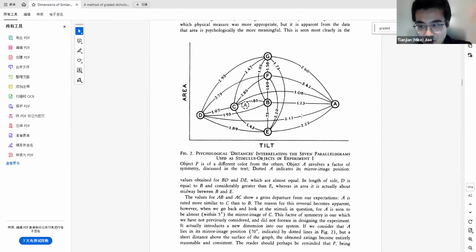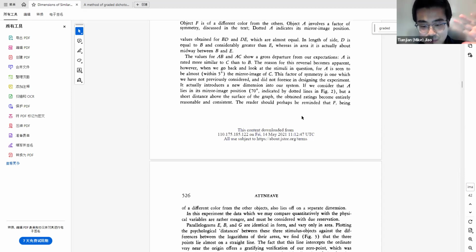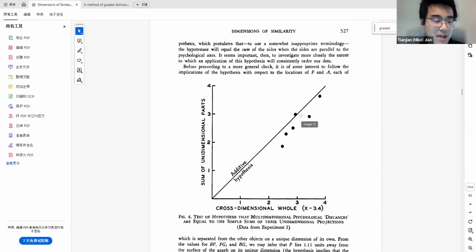Now, just going back to what we mentioned previously, we talk about two different hypotheses. One is the Euclidean hypothesis. One is this additive hypothesis. So the author is trying to figure out which one is correct, based on what they got so far.